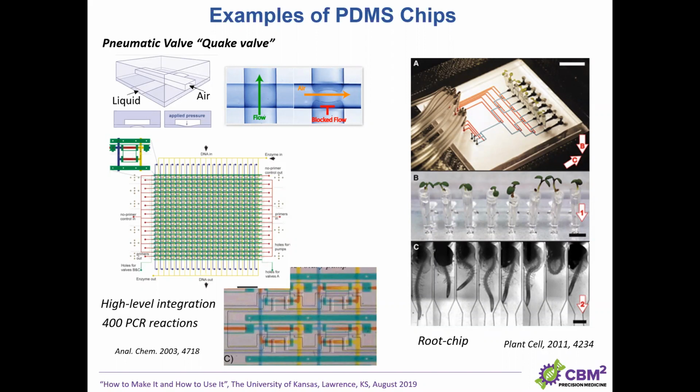I just pulled two examples that use pneumatic valves, also called Quake valves, after the inventor of the valve. This is a multi-layer PDMS structure where you have a microfluidic channel, and then a valving pneumatic channel above it, and those channels are separated by a very thin membrane in between. If you increase pressure in this pneumatic channel, it will deform the membrane and close your fluidic channel, basically giving you valving operation.